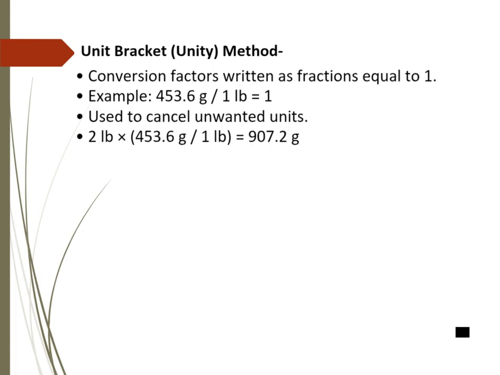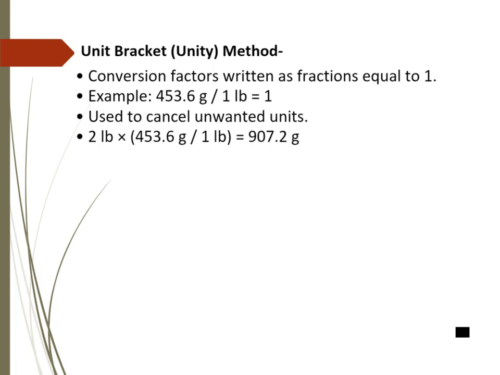For example, if 1 lb equal to 453.6 gram, then the following ratios are equal to 1. 453.6 gram upon 1 lb equal to 1, or we can say 1 lb upon 453.6 gram equal to 1. Since these ratios equal 1, multiplying any quantity by them does not change the value. It only changes the unit.